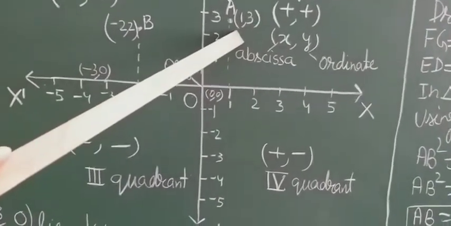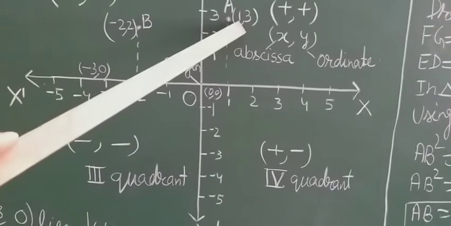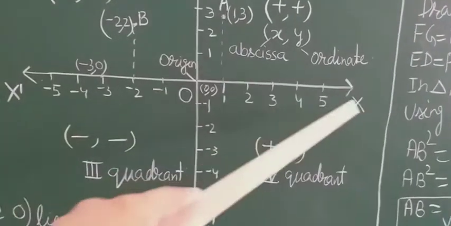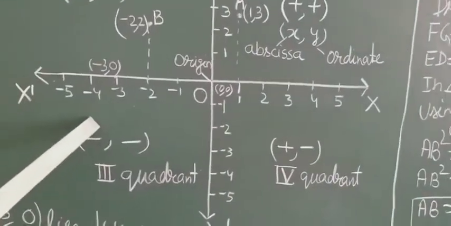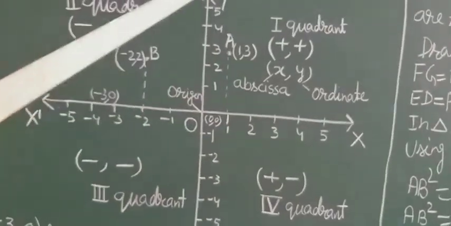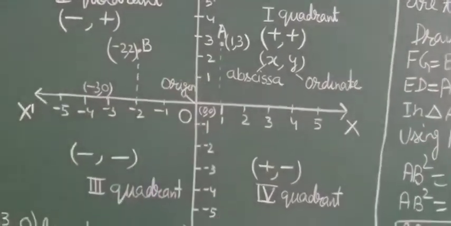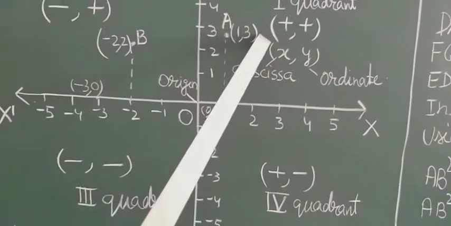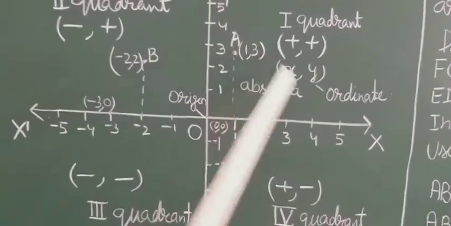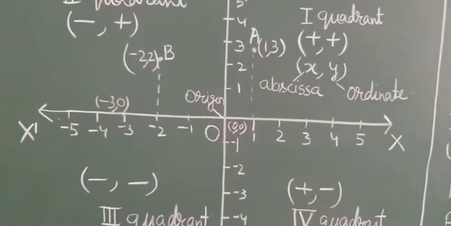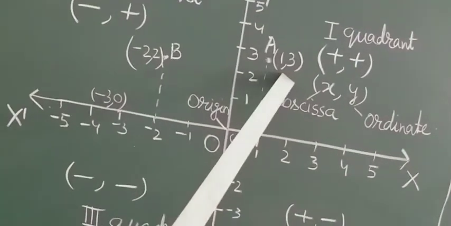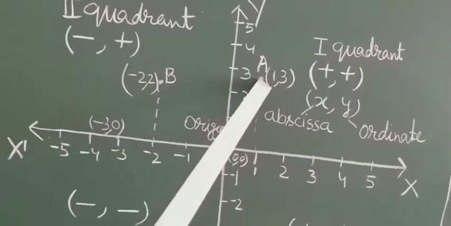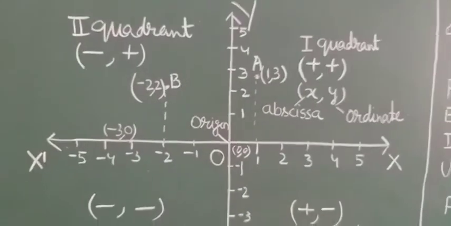The first value we have taken from the x-axis, the horizontal axis, and the second value from the y-axis. This is called an ordered pair, students, 1 comma 3.